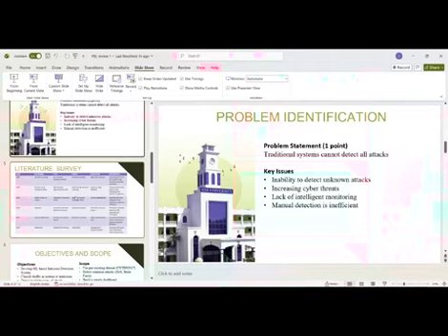Finally, manual detection and monitoring are inefficient. It's time consuming and error prone and not suitable for handling large scale network traffic. Because of these challenges, there is a need for an advanced intrusion detection system that uses intelligent techniques like machine learning to improve the detection accuracy and ensure better security.